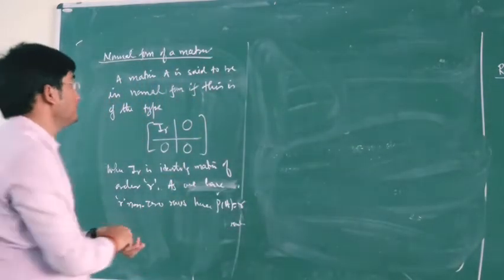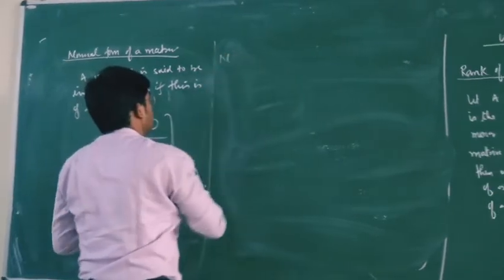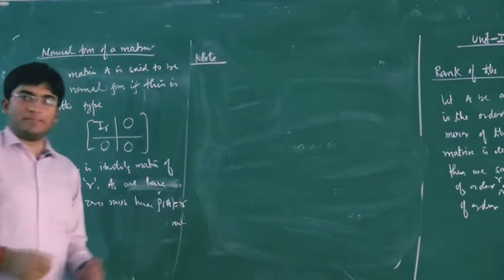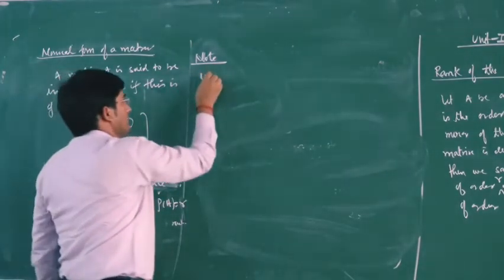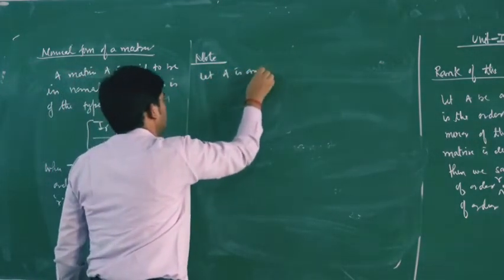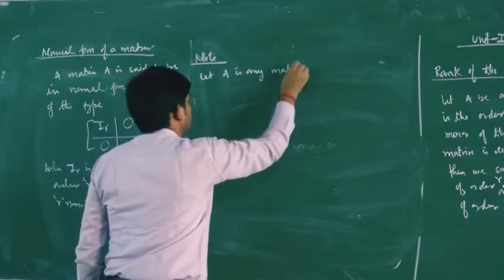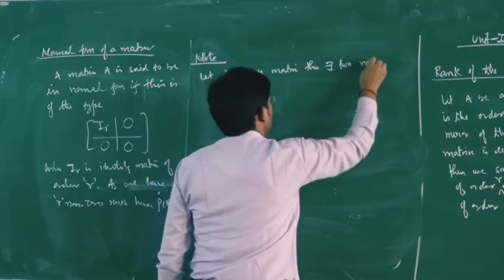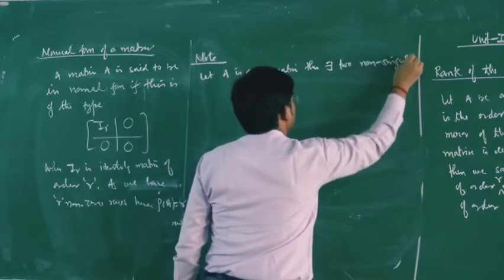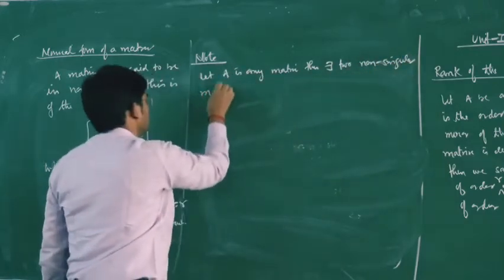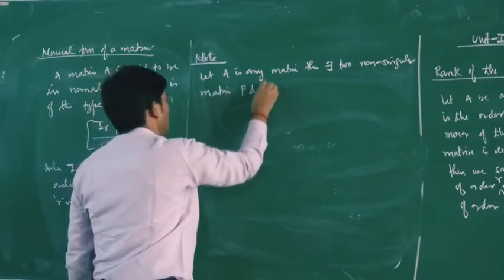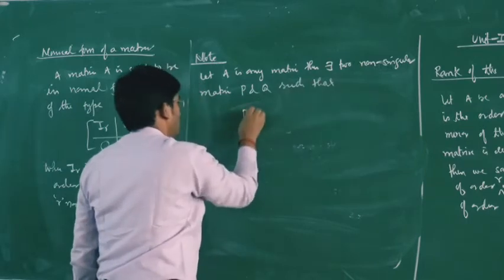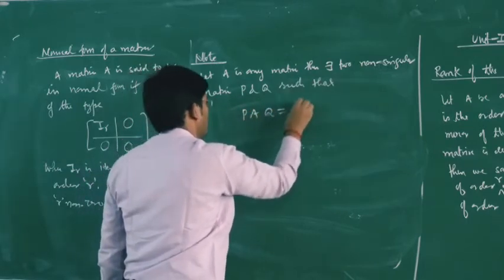Note: now if A is any matrix, then there exist two non-singular matrices, capital P and Q, such that P into A into Q is equal to the normal form.